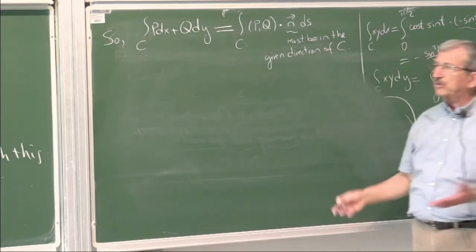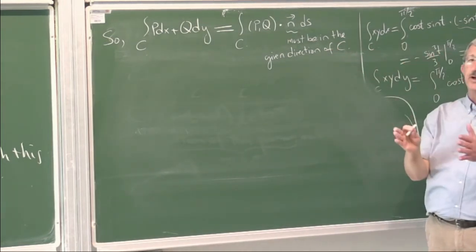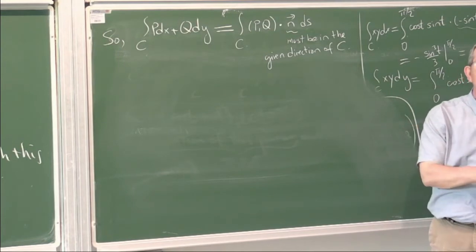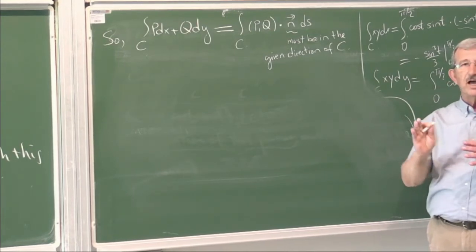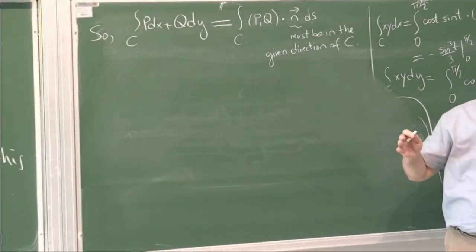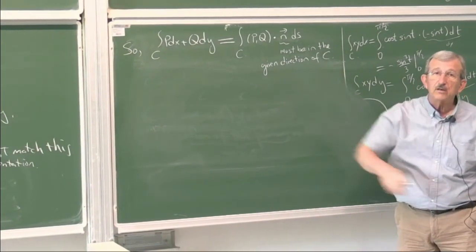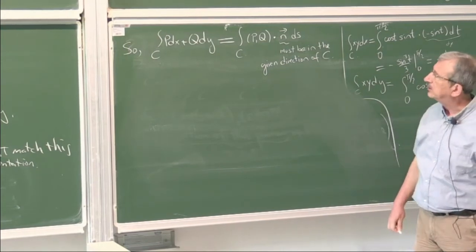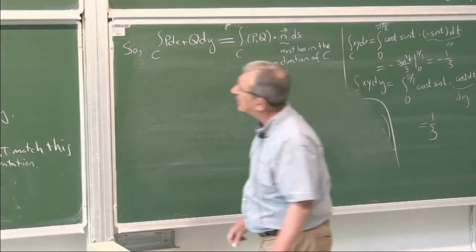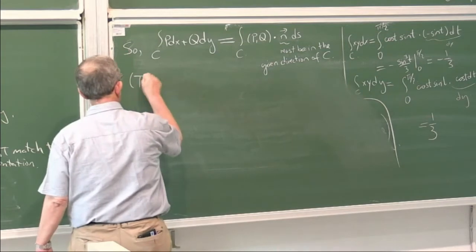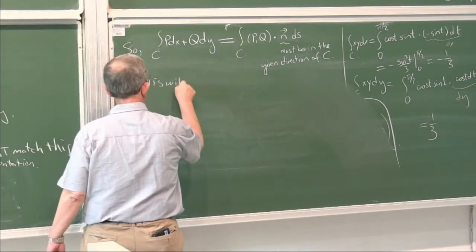Well, the given direction of C, of course, is not a fixed direction. When you move on C, this direction moves along C. It's moving on a curve, so its direction always changes. So this will be another standard notation.